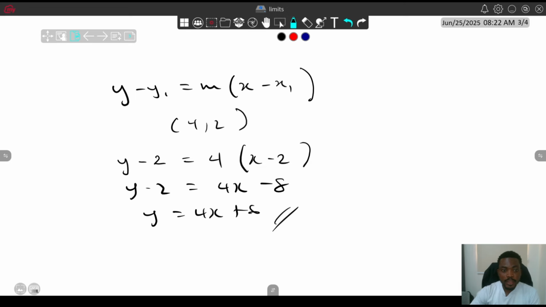Okay, so somebody may be asking, what was the second line I drew earlier? So the second line basically is a line that cuts the curve at 2 points.